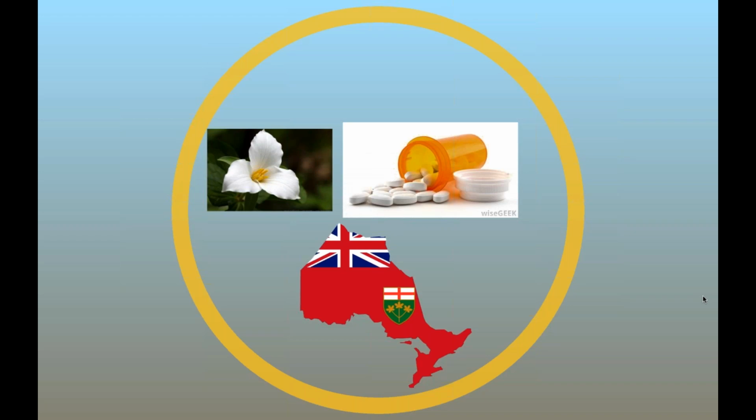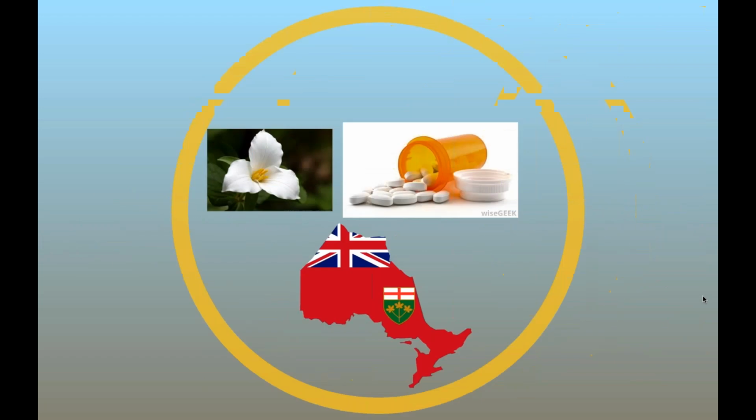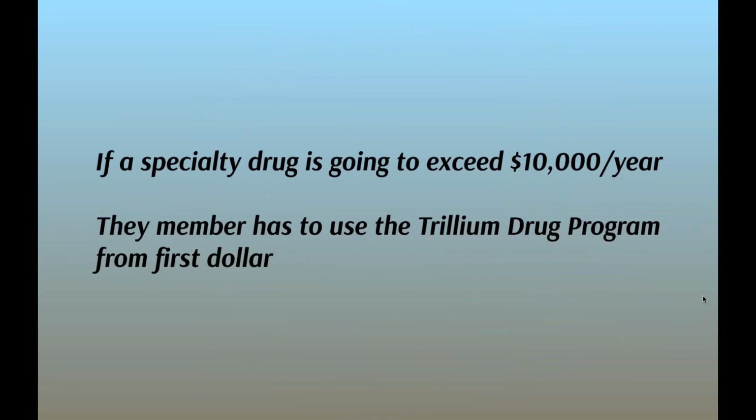What this Formulary Protect program does is take advantage of the drug program that exists here in the province of Ontario. It says that if a specialty drug is going to exceed $10,000.